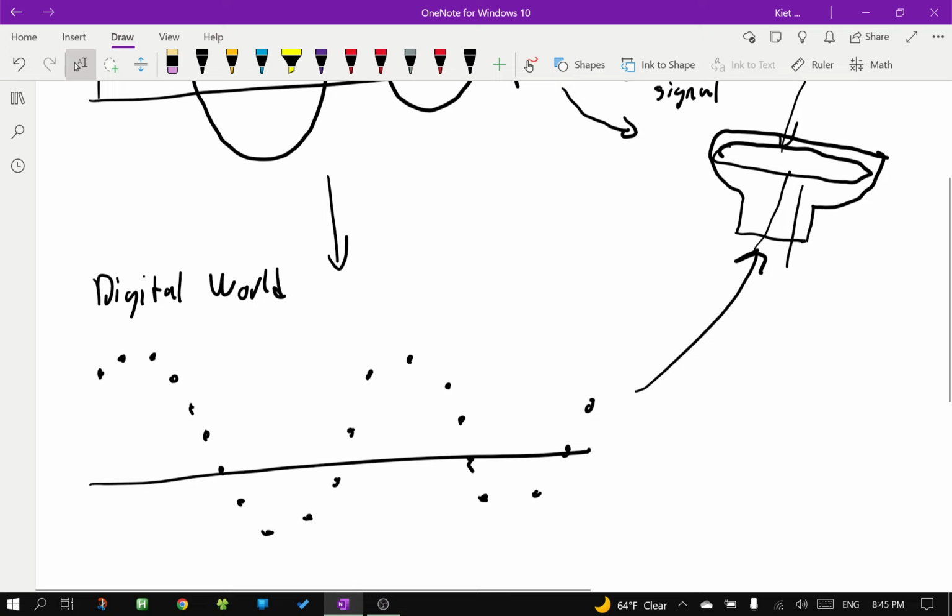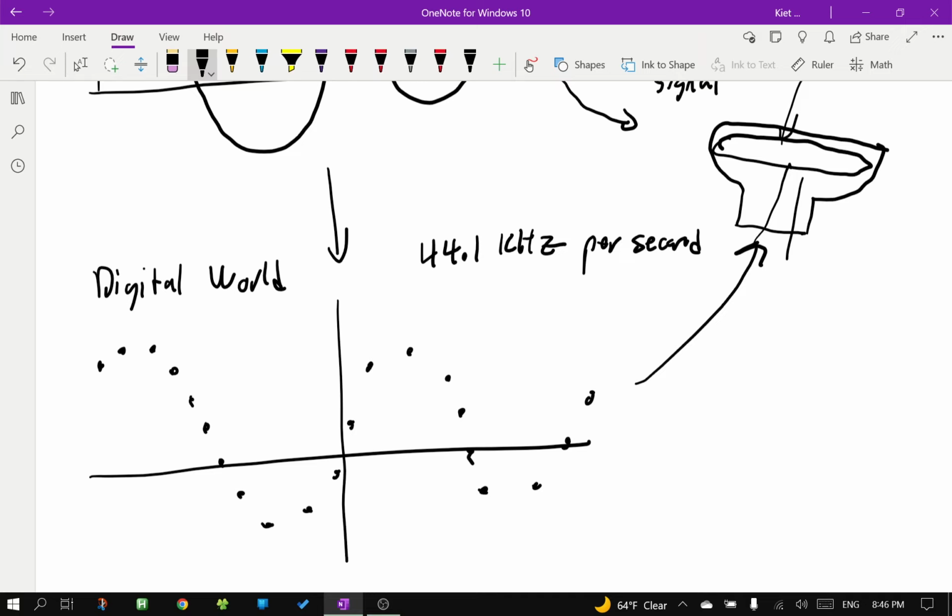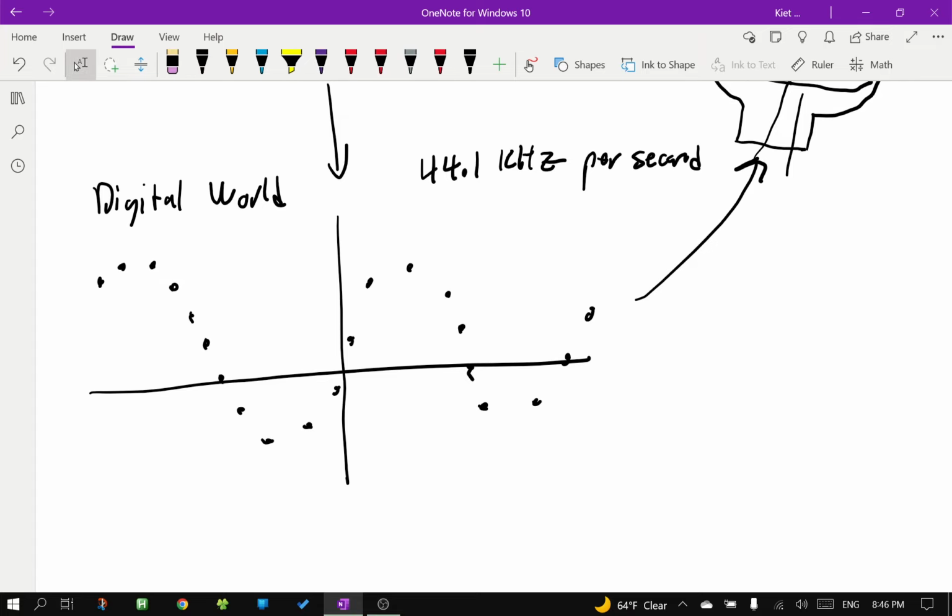In the digital world, usually the audio signal is represented at 44.1 kilohertz. So in every second, there would be 44,100 of these little points.